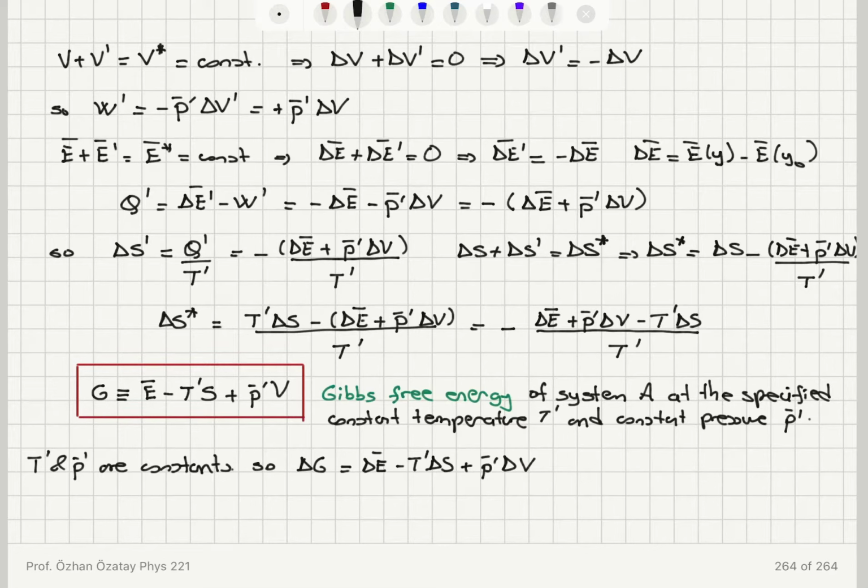So you can see that basically what we have here for the entropy change delta S star, the total entropy change, is minus the change in the Gibbs free energy divided by T prime, where the change in the Gibbs free energy is the Gibbs free energy at y equals y minus the Gibbs free energy at y equals y0, or y0 to y0 plus delta y, or a small range of values.